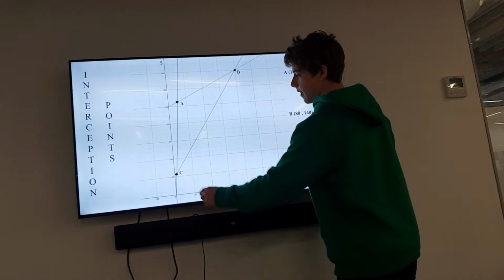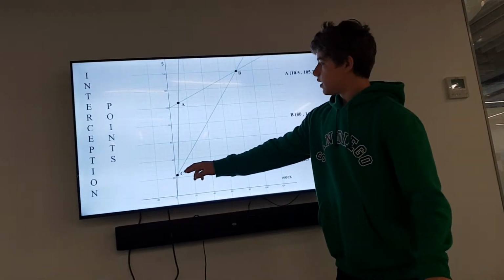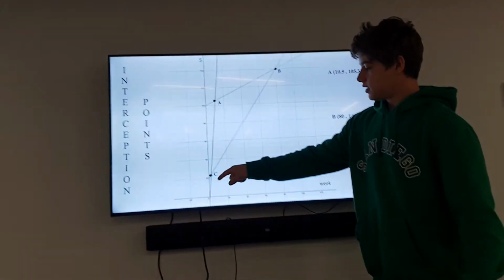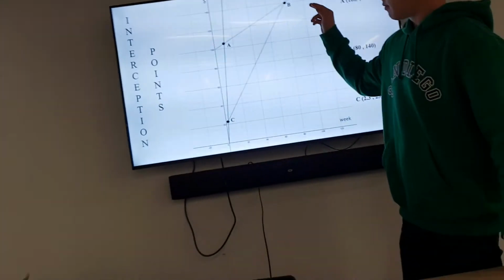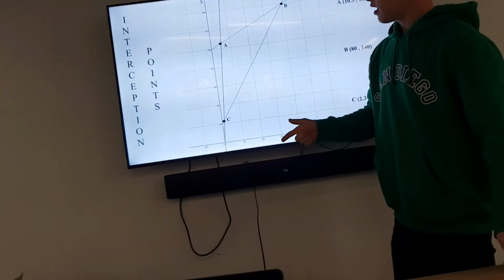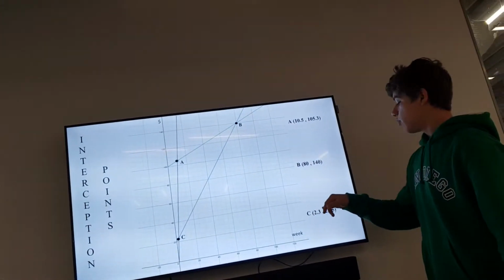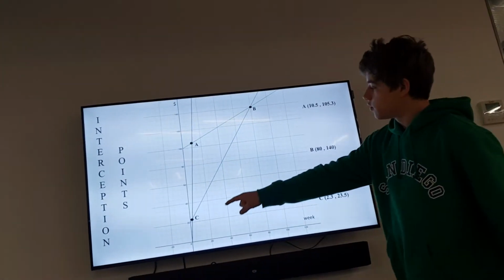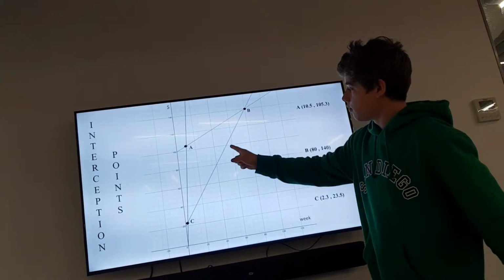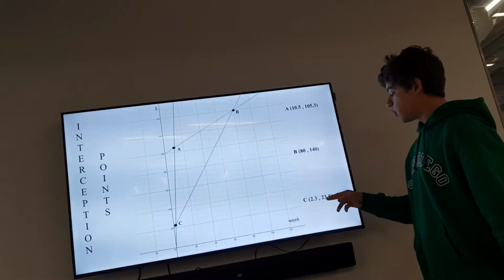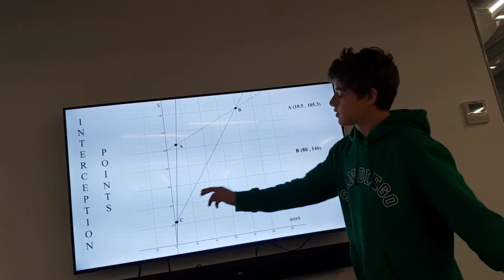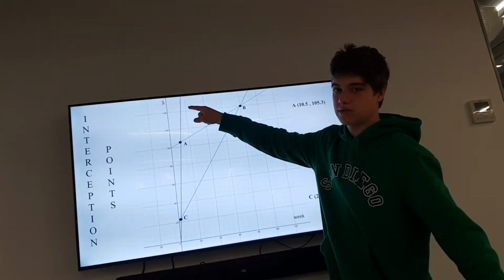It means that in 2.3 weeks, filter 2, the blue line, will cost the same $23.5 as the black line, the water bottle.